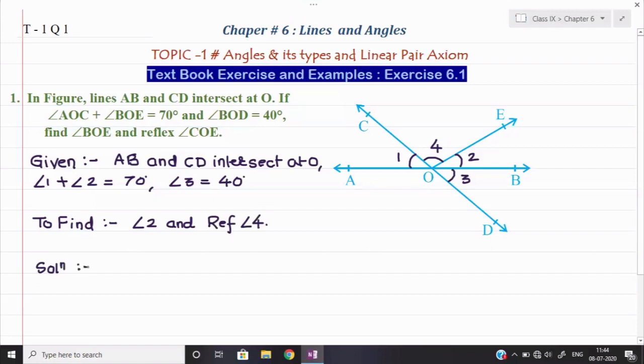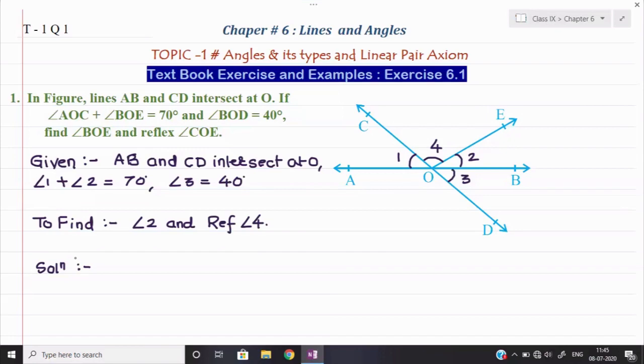Now, before I start the solution, first of all check what we have given here. We have given that angle 1 plus angle 2 is 70 degree. Now see, can we find out the value of angle number 4 which is required in the question, because in the question we required two things.